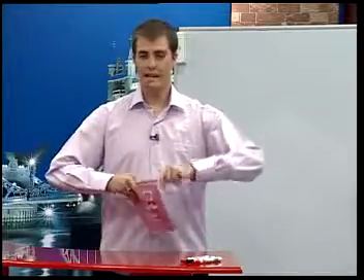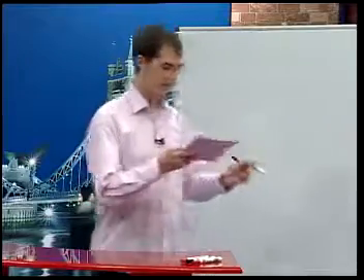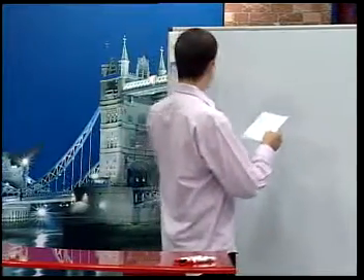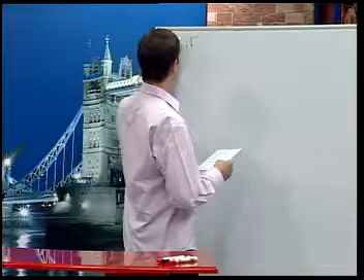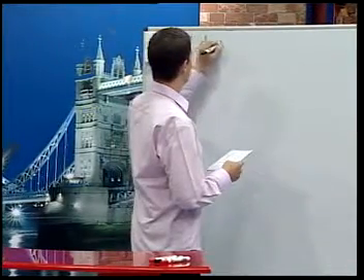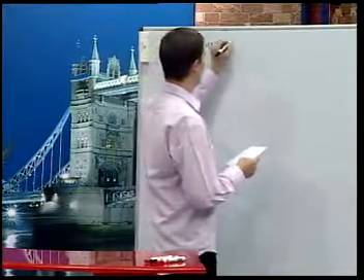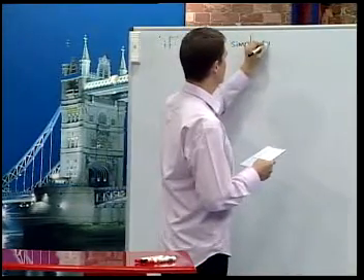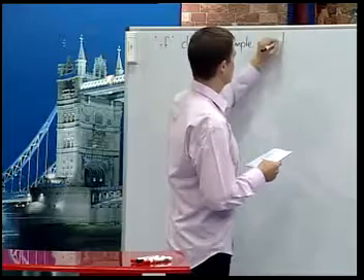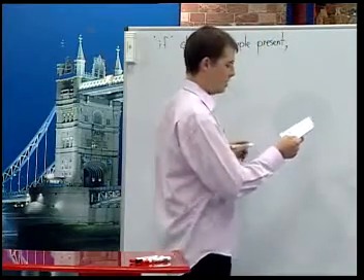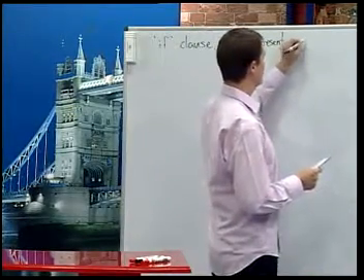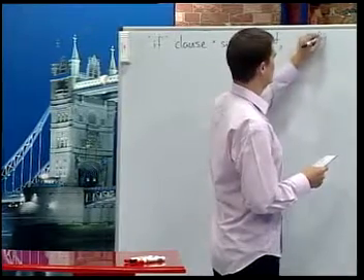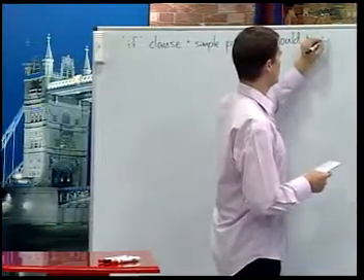So to make the second conditional, we use this formula. We have the if clause plus the simple present. Then we have the result clause: would plus simple form.